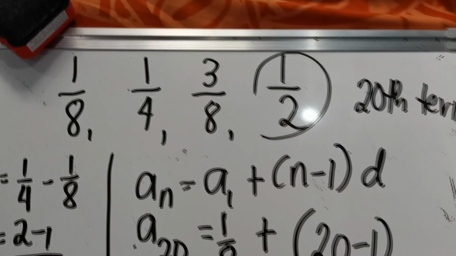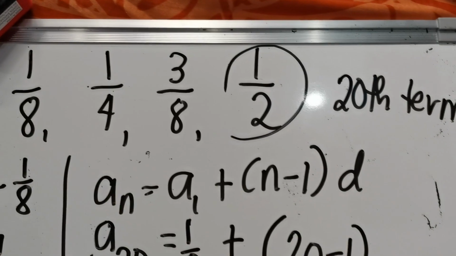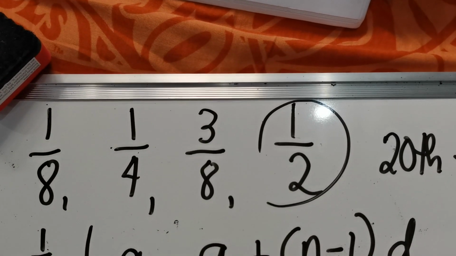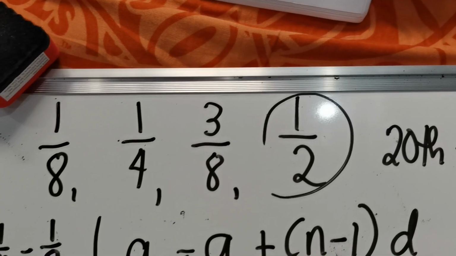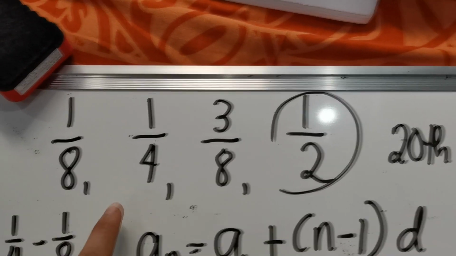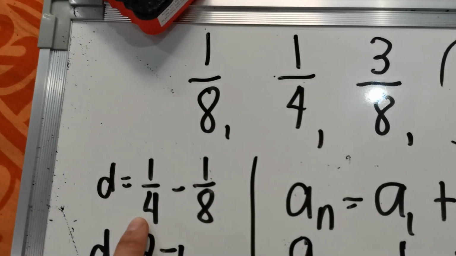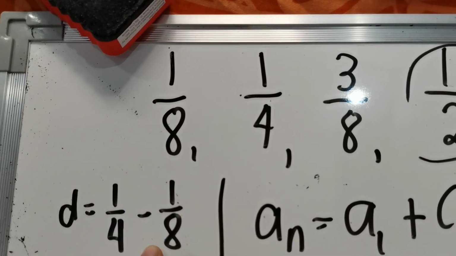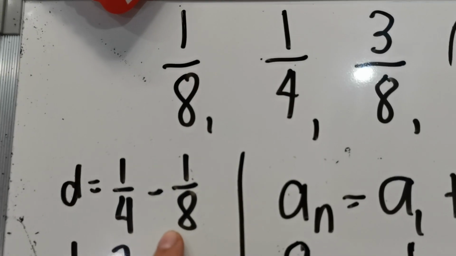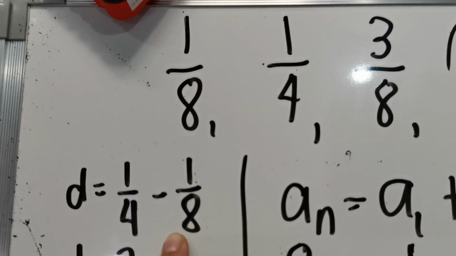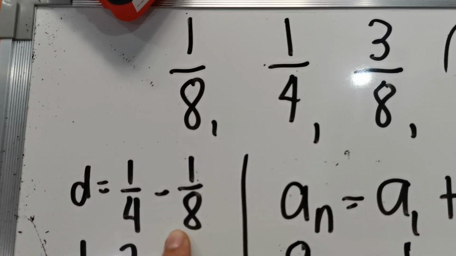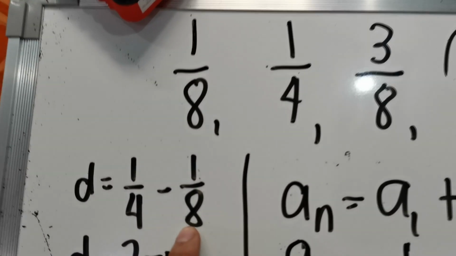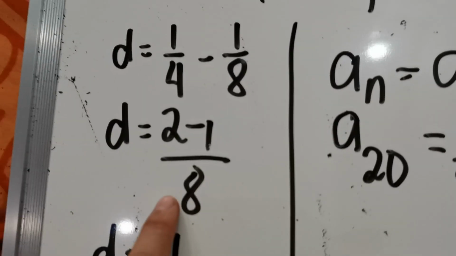Ma'am, how are we going to find the common difference here? So, simply, diba, yun sa rule, you just have to subtract yung magkasunod na terms. So, unahin muna natin si 1/4, subtract it by 1/8. And then, the next thing you're going to do, since fraction yan, is to find the least common denominator. So, least common denominator ni 4 and 8 is 8.